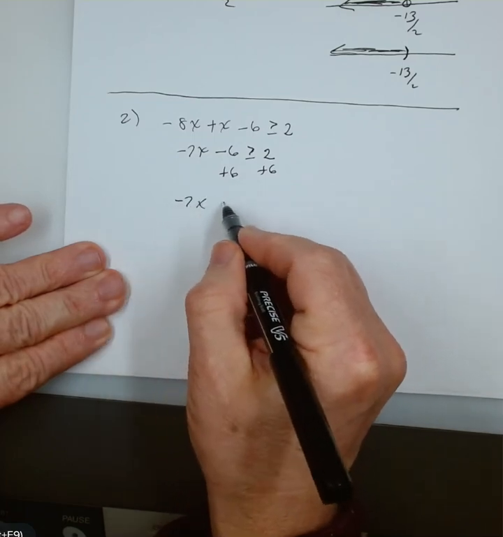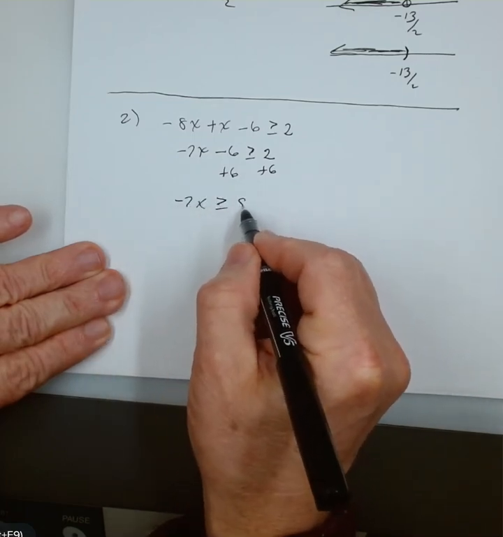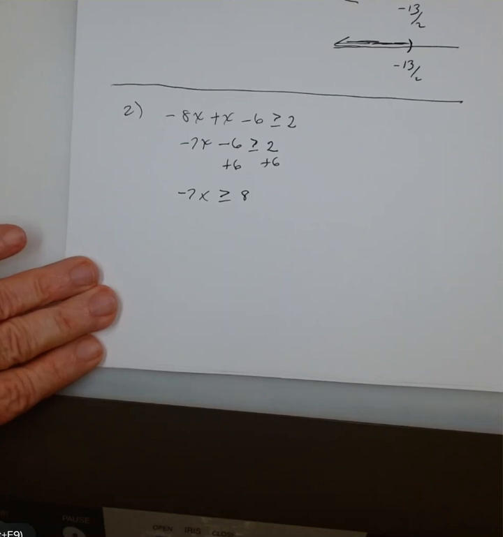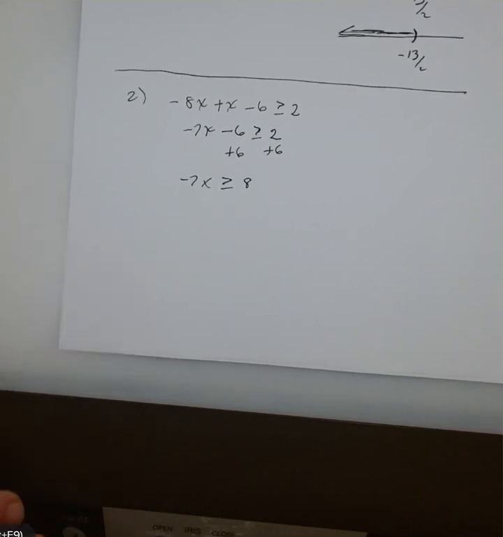So you had negative 7x is greater than or equal to 8. All right, now, what's the next step? Divide both sides by a negative number. Now, here's what you've got to remember. When you go through these lessons, there's more discussion about why you do this. But whenever you divide an inequality by a negative number, you have to reverse the inequality symbol.